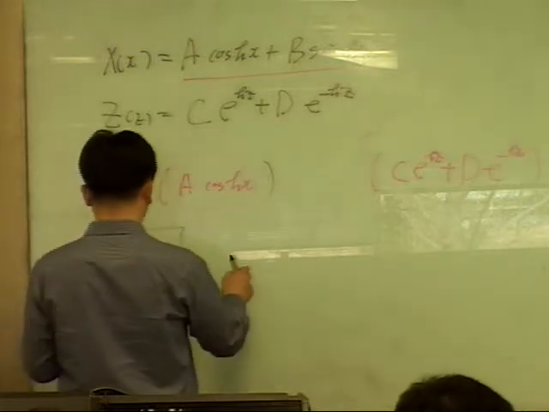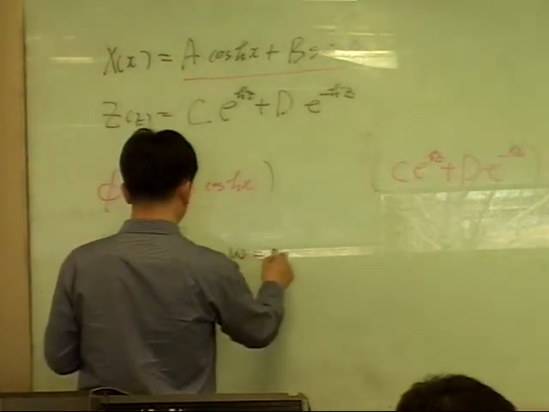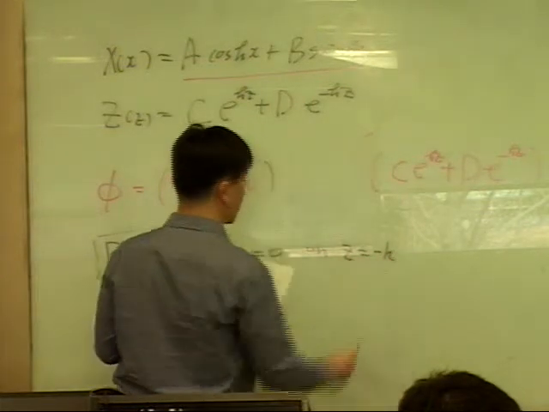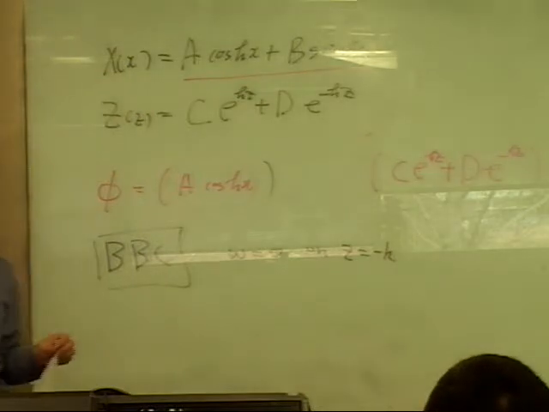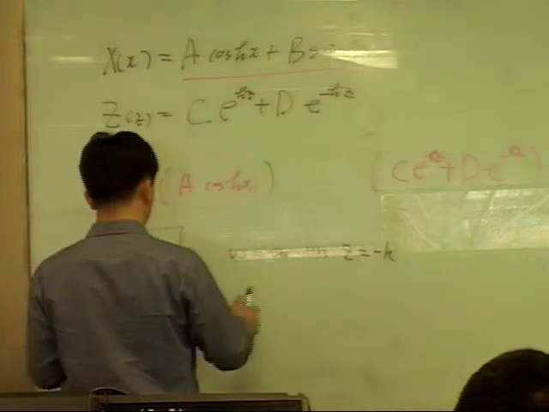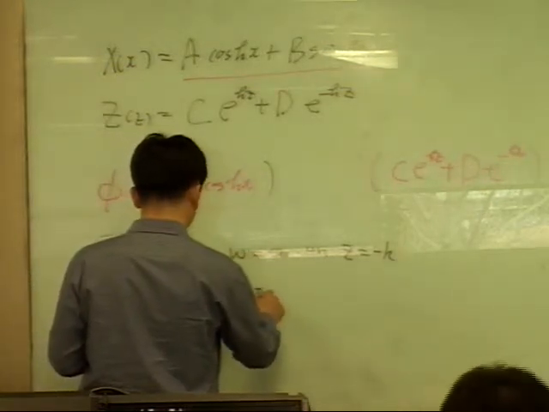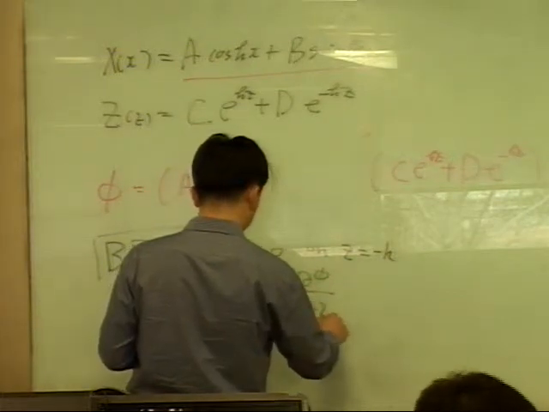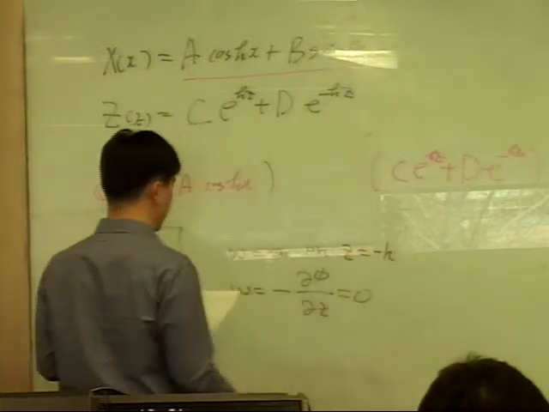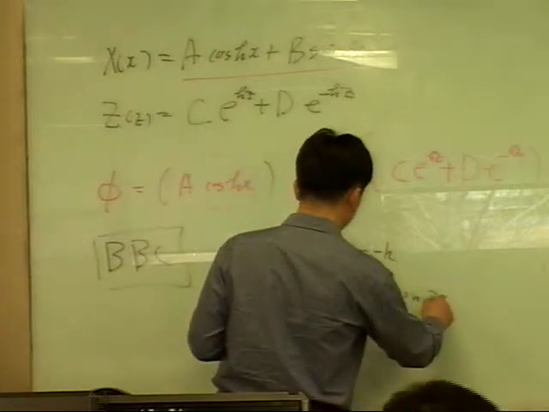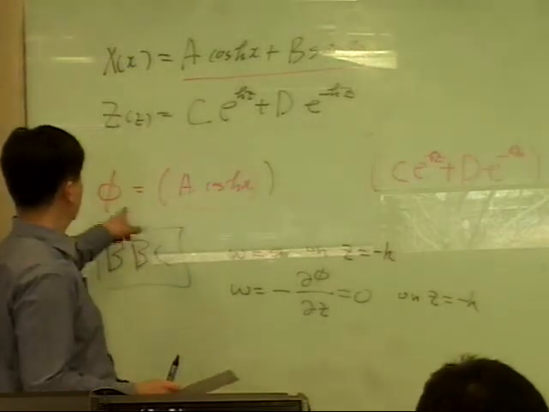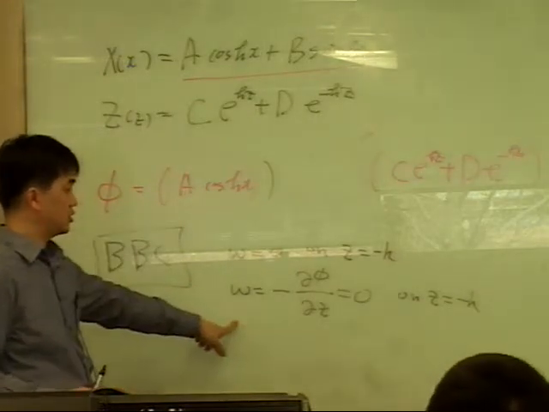BBC is W equals 0 on g equals minus h, the elevation at the sea bottom. And W equals minus partial potential partial g equals 0 on g equals minus h. So just put this potential into here.